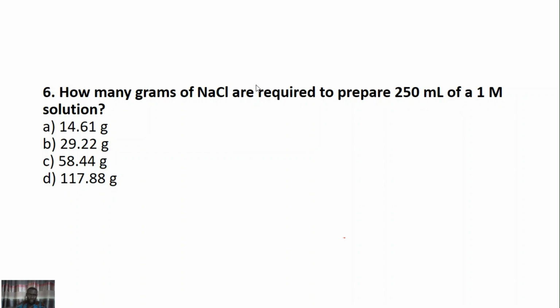Question number 6. How many grams of sodium chloride are required to prepare 250 ml of 1 molar solution? What you're going to use here is concentration, which is equal to mole over volume.